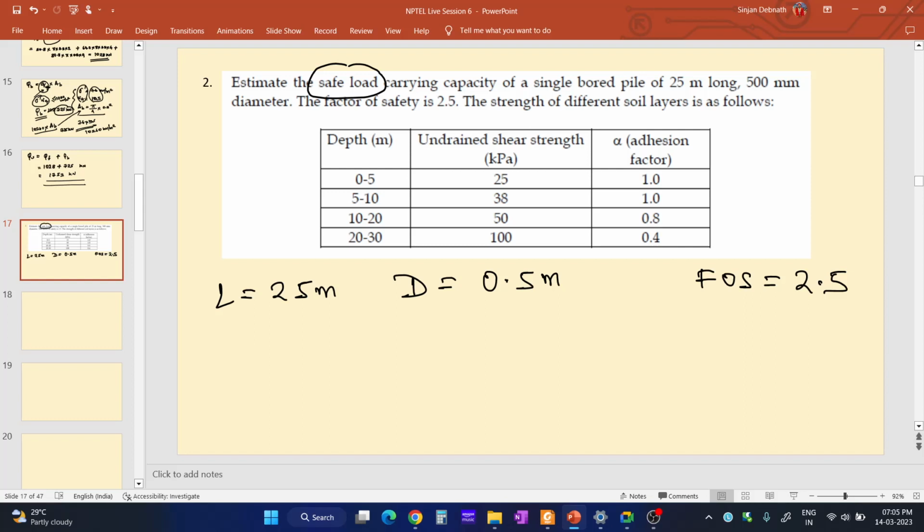For estimating the safe load, we must find out the ultimate load that the pile can carry, that is the ultimate load which the soil can carry.